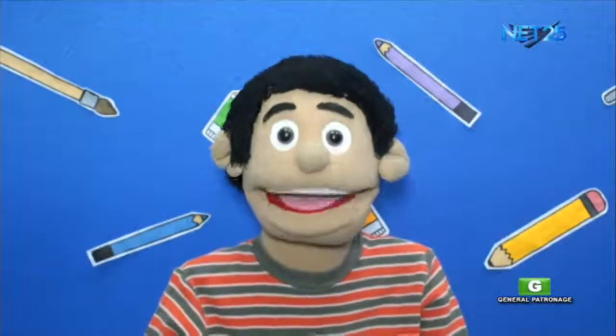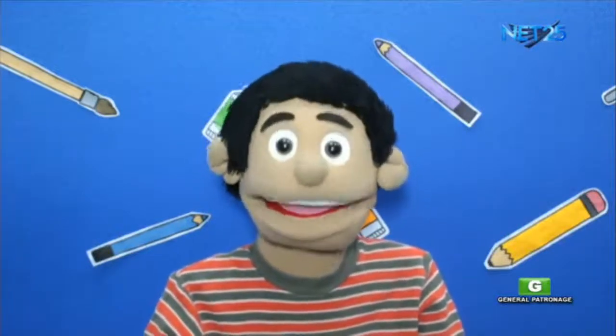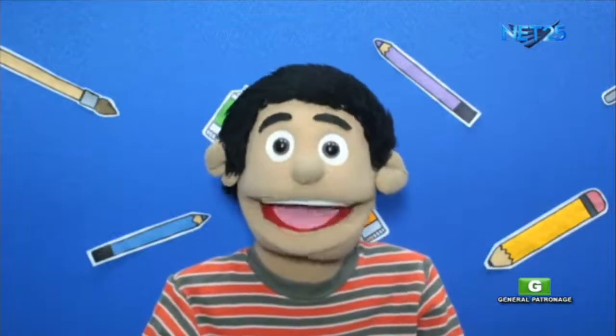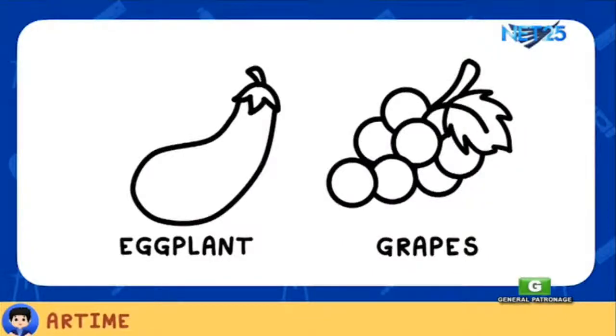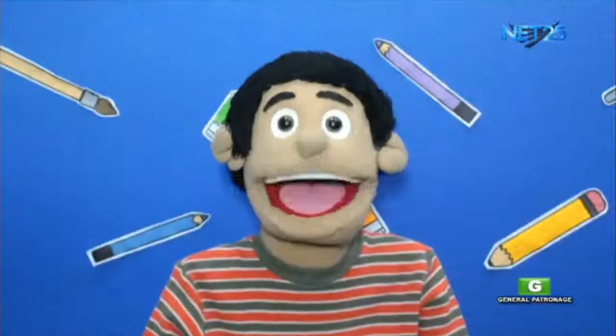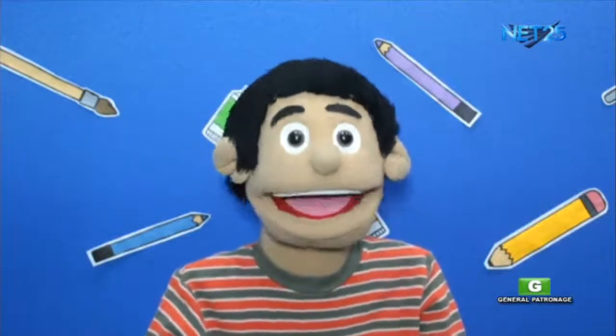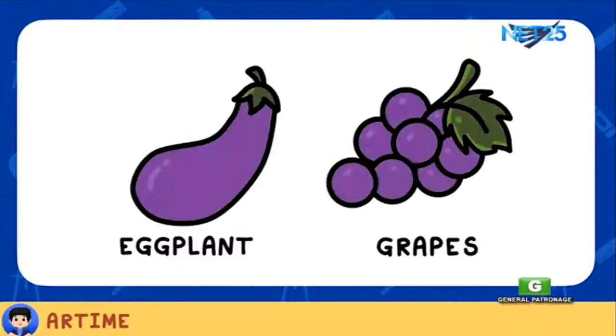Great! Now let's talk about this last set of objects that I have. What are these objects? We have an eggplant and a bunch of grapes. What is the usual color of an eggplant and a bunch of grapes? Yes, the color violet.